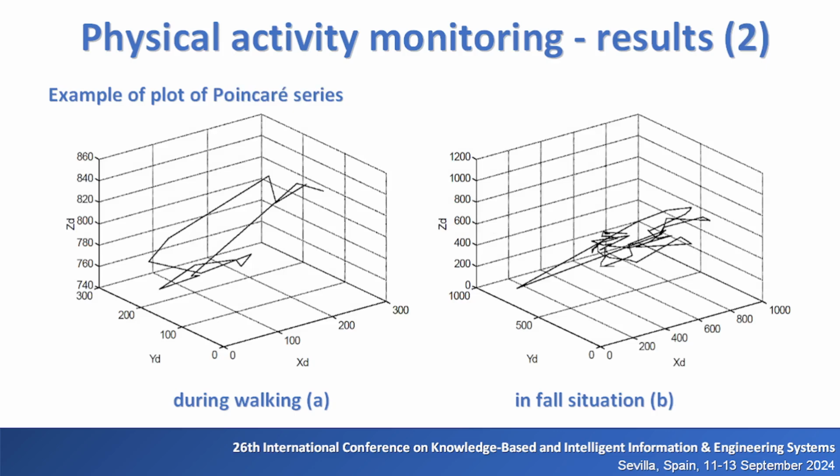Displacement vectors data from the L matrix were analyzed by Poincaré series, and the plot of that series is presented in this slide. The left picture shows the Poincaré series plot during walking. It is not very dynamic. The right picture shows the situation of the fall, and we can easily see that the plot is very complex.